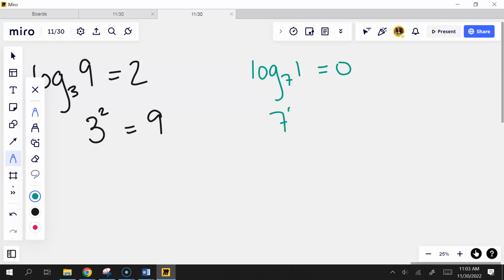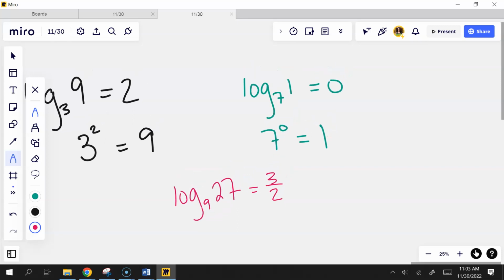What's the exponent? Equals. No, that is the solution. No. What do you mean switch B and X? Log base B of A equals X.